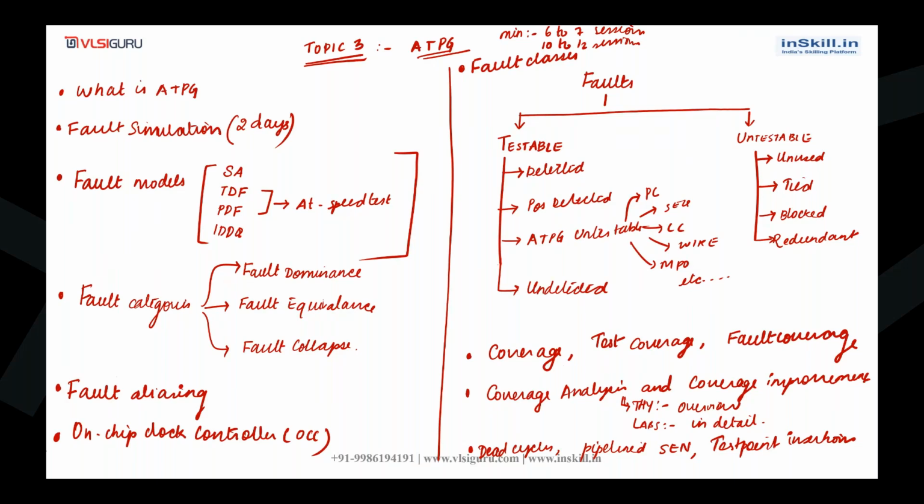In certain batches, it has taken 10 to 12 sessions to complete, because ATPG is not a straightforward topic. It will take some time to understand and explain the concepts.